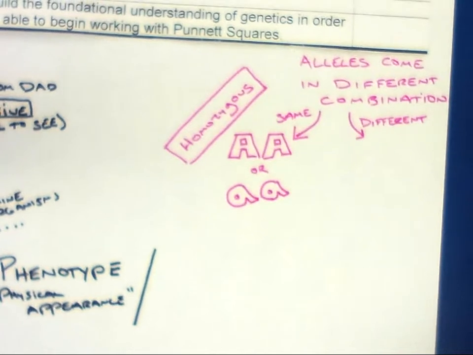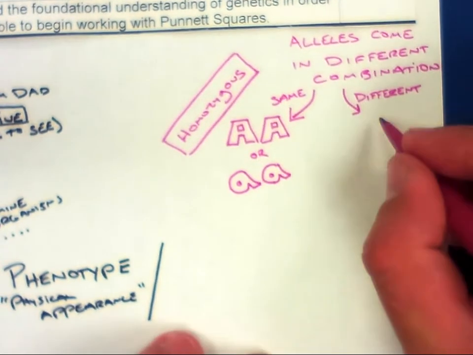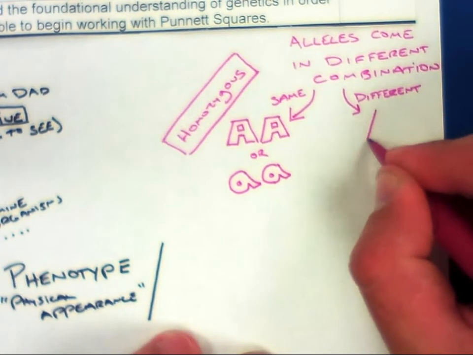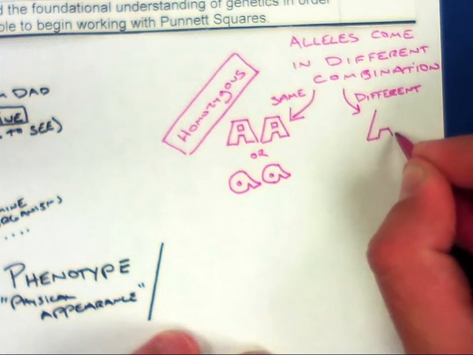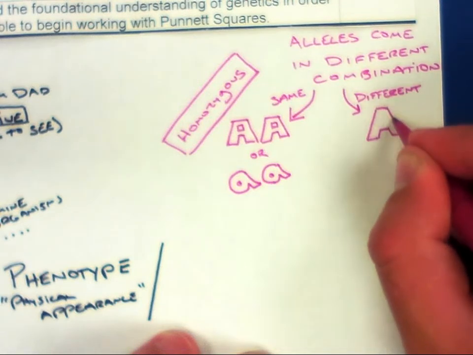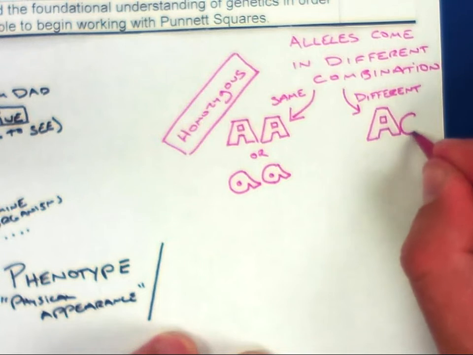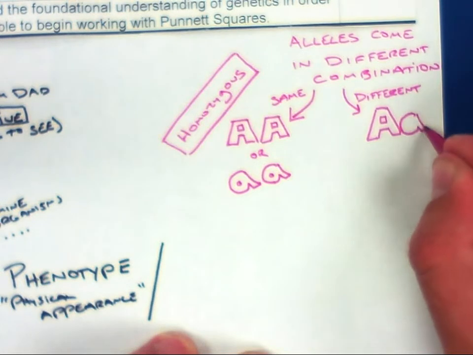All right, and then on the other side of that, if you get two different, well, if I draw that, I'm going to have what? One capital and what? One lowercase, because they're different.